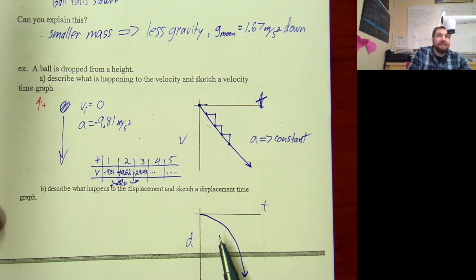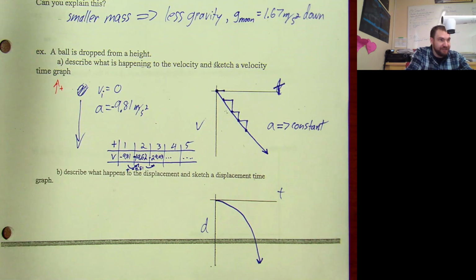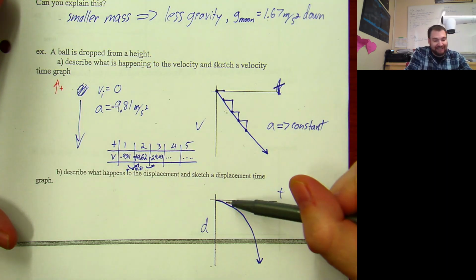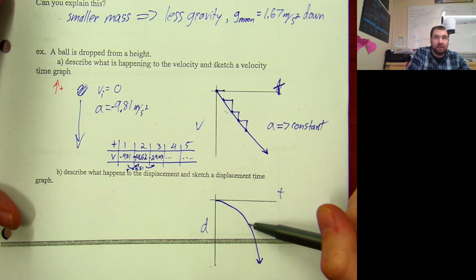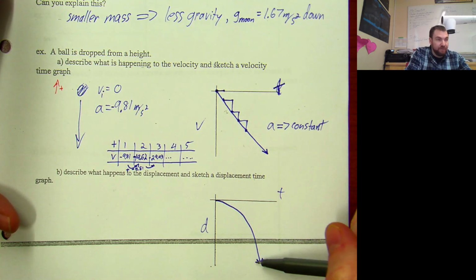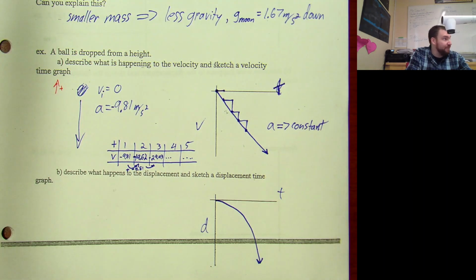Because the velocity is increasing, the rate at which you're falling is increasing, which means it's going to take less time to fall farther. So you're going to get this kind of dramatic curve downwards. In fact, you maybe didn't recognize it yesterday when you were graphing these things, but it's a parabola.